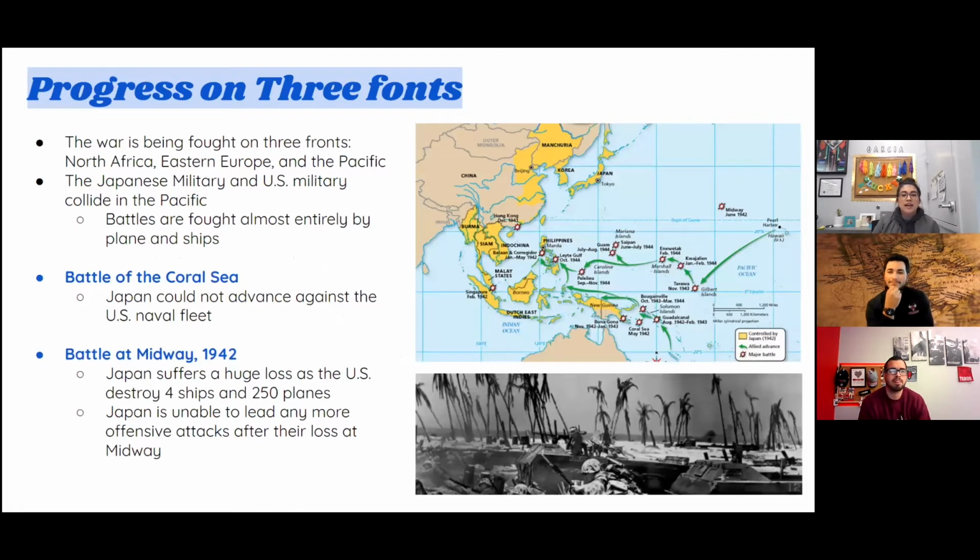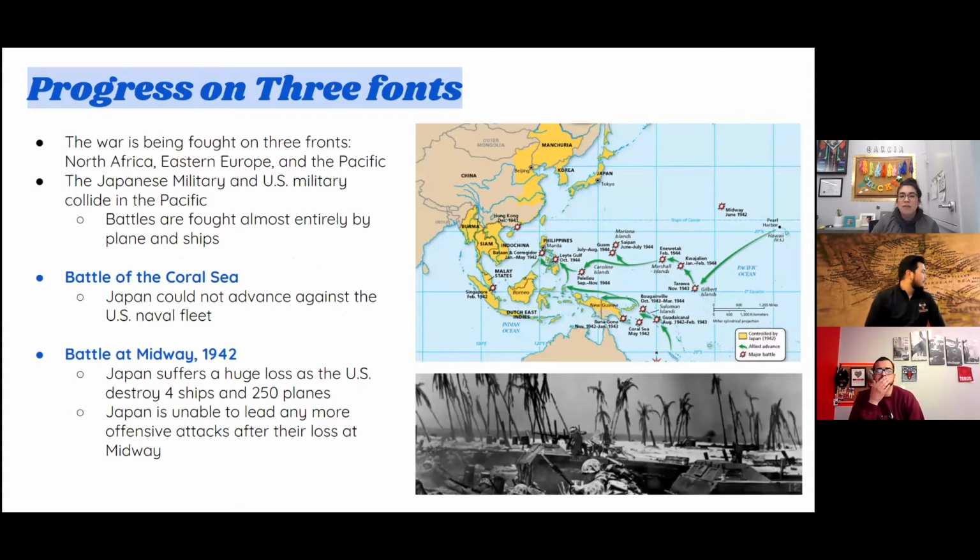So we want to take a look at the war progress. We are now fighting a war on 3 different fronts. 1, 2, 3. The war is beginning to be fought on 3 fronts, specifically North Africa, Eastern Europe, and the Pacific. The Japanese military and the US military are colliding in the Pacific.